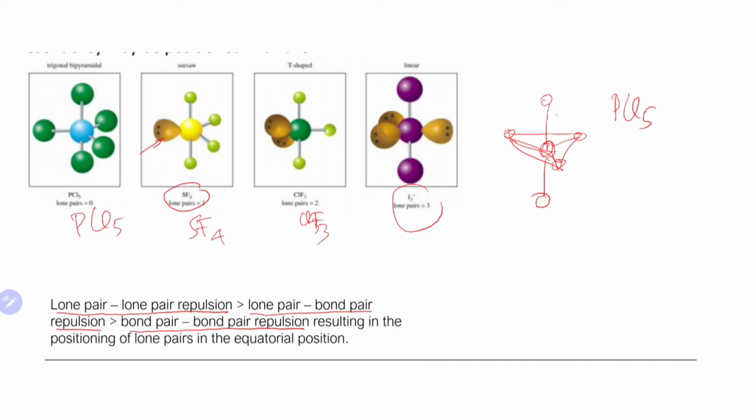So here the angle between this is 90 degrees. Between the horizontal atoms here, because it's a triangle, the angle is 120 degrees.